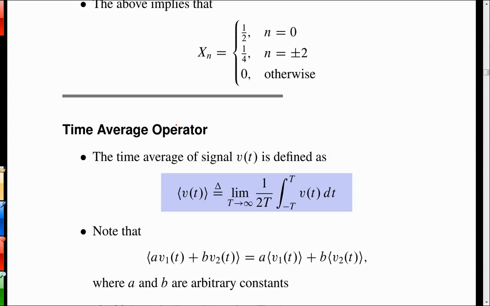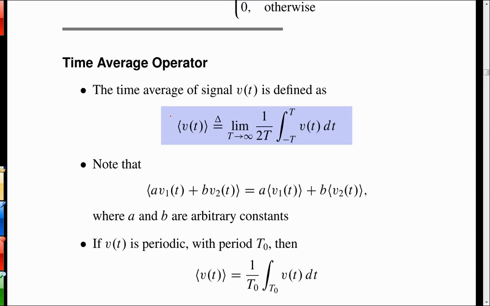Okay, another idea is that the book introduces, just for ease in doing things later on from some of the other parts we're going to get to, an operator called the time average operator. The time average operator is just an integral that can average over some interval that is defined to be the entire time axis in this case.